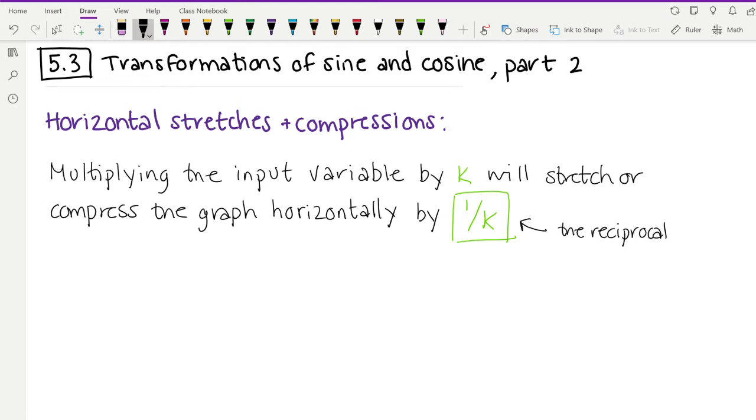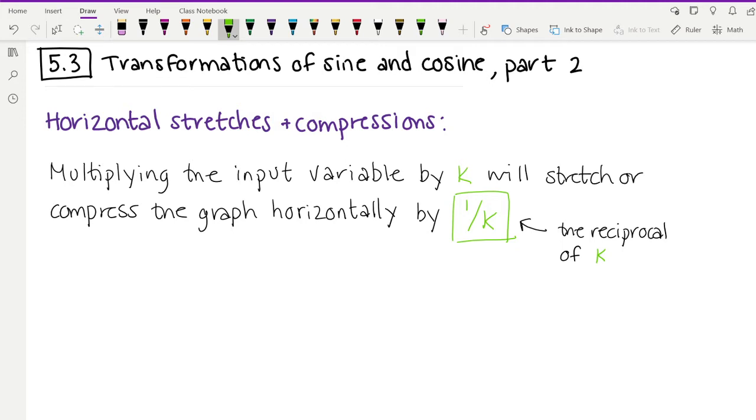So remember in the last video, at the very beginning of the video, we talked about how horizontal shifts kind of go backwards of what you'd expect. And we'll talk more about that later in this video. Similarly, horizontal stretches and compressions work a little bit backwards of what you would expect, right? So for vertical stretches, if you have something like 2 times f of x, it just stretches it vertically by 2. If you have 1/2 times f of x, it compresses it vertically by 1/2.